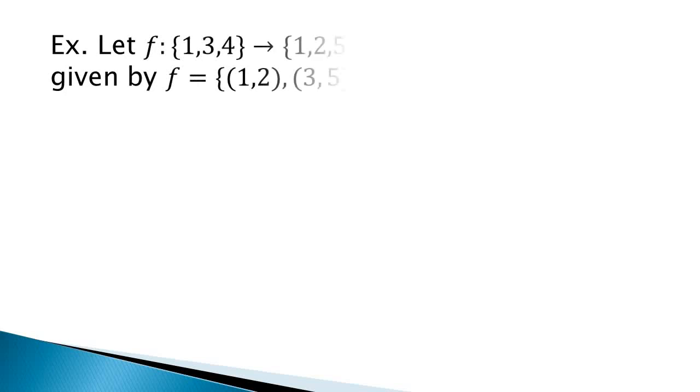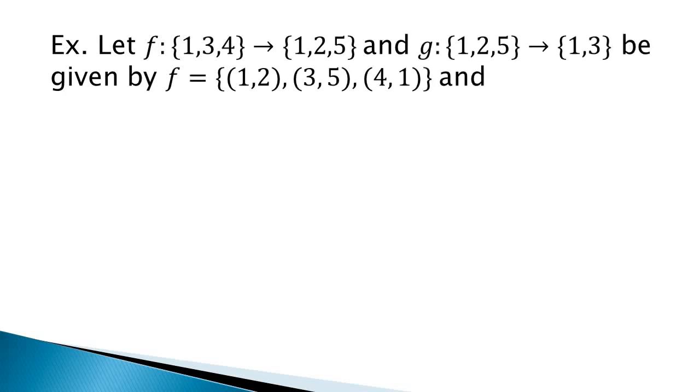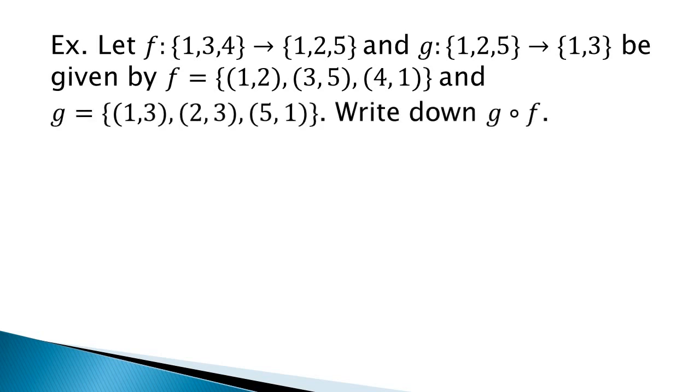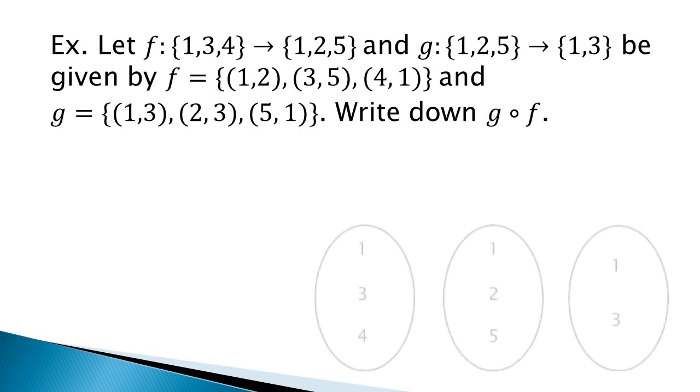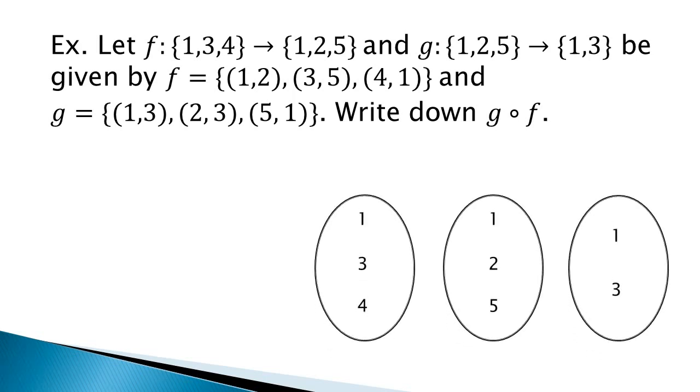We can consider one more function f from {1, 3, 4} to the set {1, 2, 5}, and similarly g is a function defined in this way, where f and g are given. We need to find the composition g of f. Here also we can consider three sets in this way, with f and g as the functions defined.